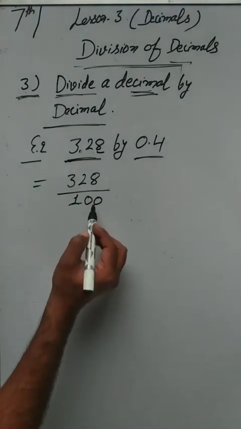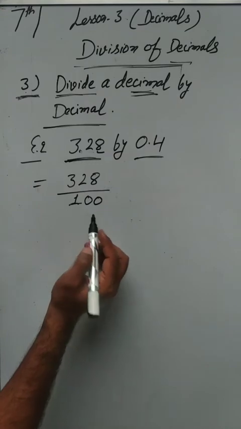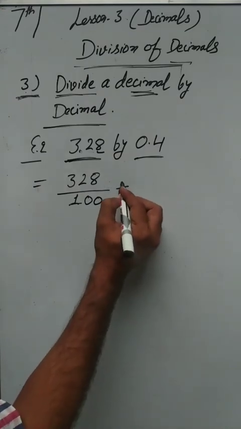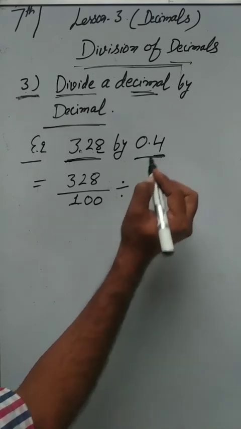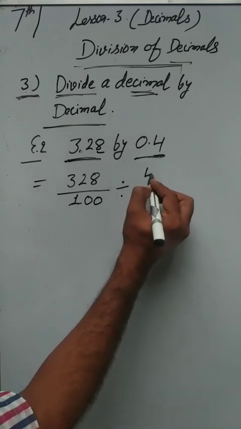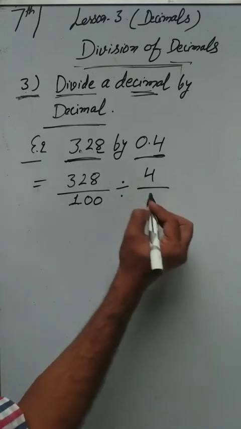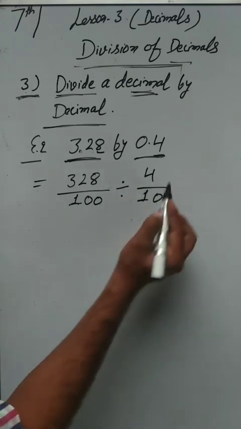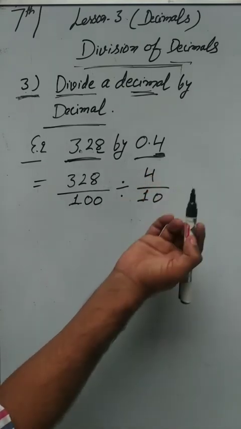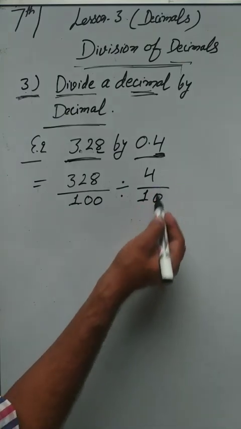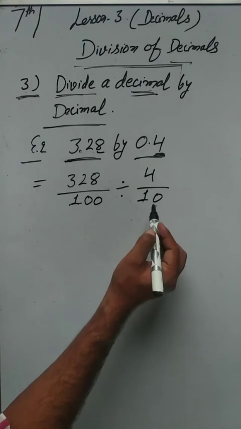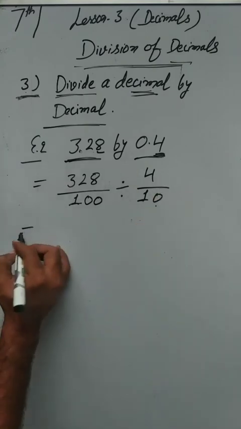Means it will become 328 upon 100, and divide it by 0.4. Here it is 0.4. So 4, it will become 4 upon 10, because here is only one decimal place. So place a 1 0 with 1, means you will place here a 10. It will become 4 upon 10.